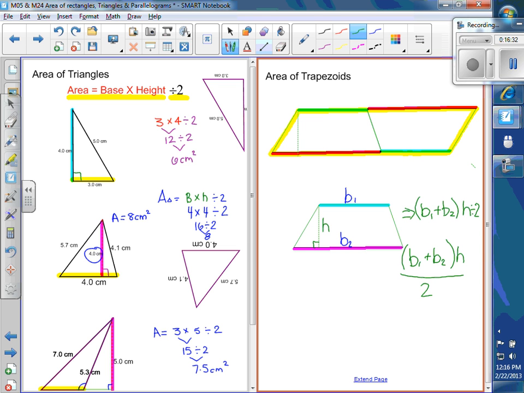So let's think about why that is. Let's imagine that this is 8 units and this is 12 units, and the height is 6 units. If we look at the picture above, this distance is the same as this distance. It's 12 units.